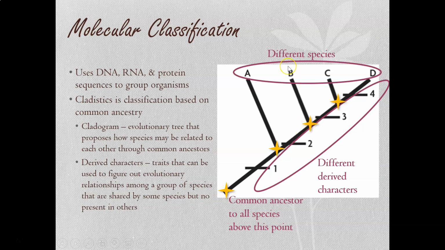Here's a branch point where B broke off and started evolving itself, and C and D kept going. Here's the branch point where C broke off and D kept going. So these are their common ancestors. Doesn't mean that they are identical to the current species that exist. It just means that that's where we diverged from each other. That's the divergent evolution that we talked about.